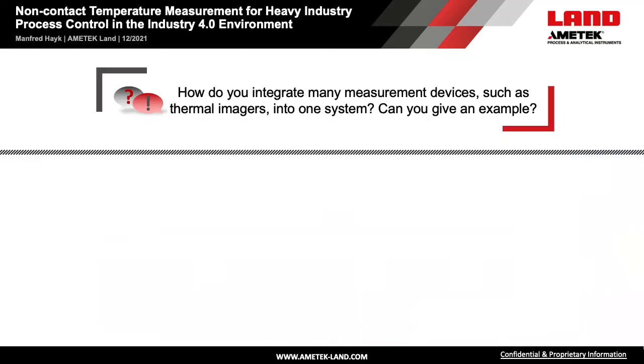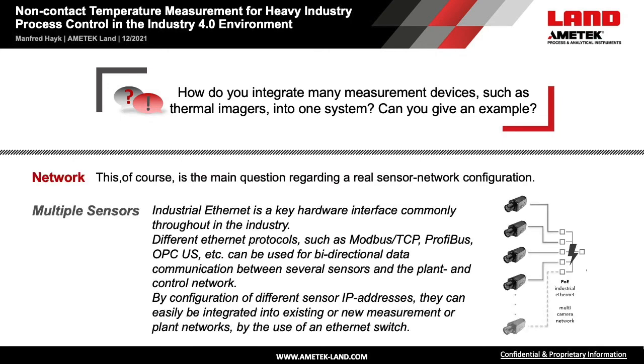Next question. How do you integrate many measurement devices, such as thermal imagers, into one system? Can you give an example? Well, this of course is a main question regarding a real sensor network configuration. Industrial Ethernet is a key hardware interface commonly used throughout the industry.